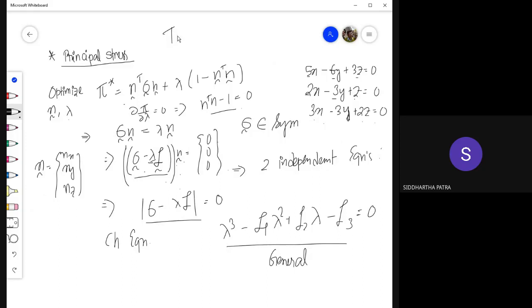So any general tensor T can be divided into a unique symmetric and a skew symmetric part. The symmetric part, of course, is T plus T transpose divided by 2, and W, of course, is T minus T transpose divided by 2.